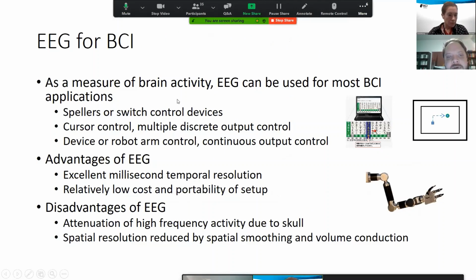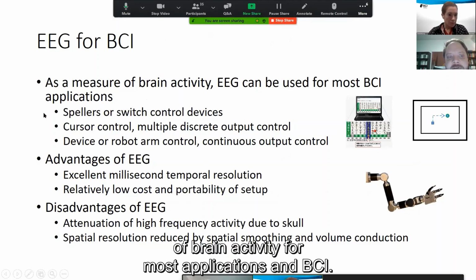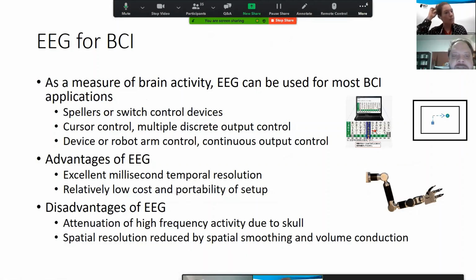we can use EEG as a measure of brain activity for most applications in BCI.